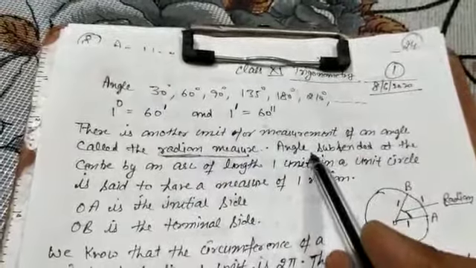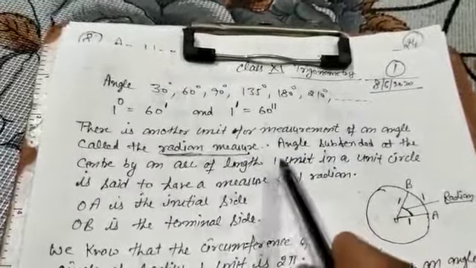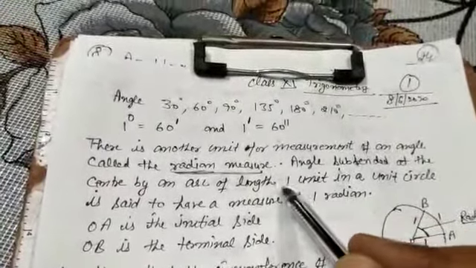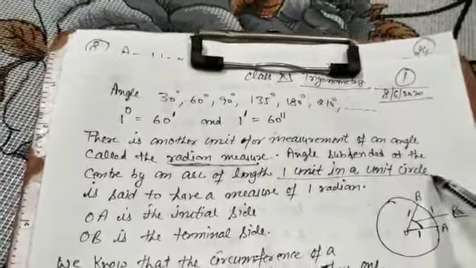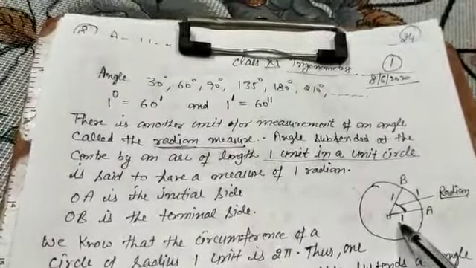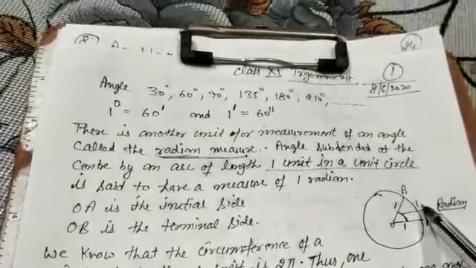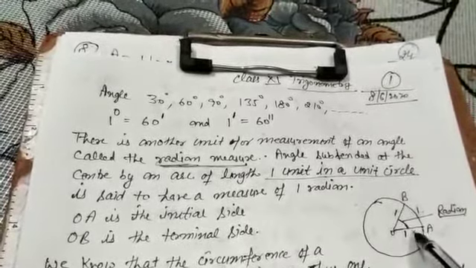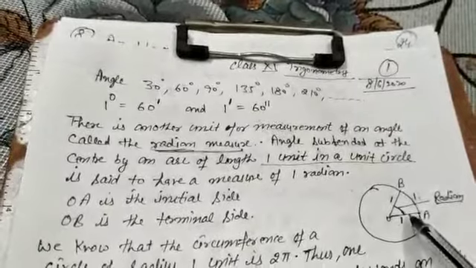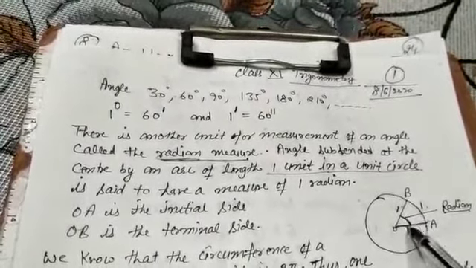Now, the angle subtended at the center by an arc of length 1 unit in a unit circle. Listen carefully. 1 unit in a unit circle means you draw a circle whose radius is equal to 1 unit, and when the arc length is also equal to 1 unit, at that time the angle formed between the initial line and the terminal side is considered. This OA is called the initial side.